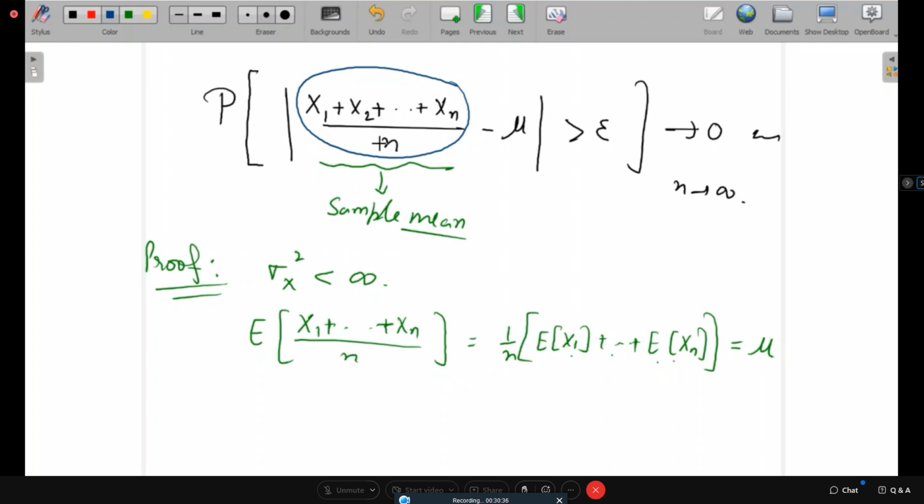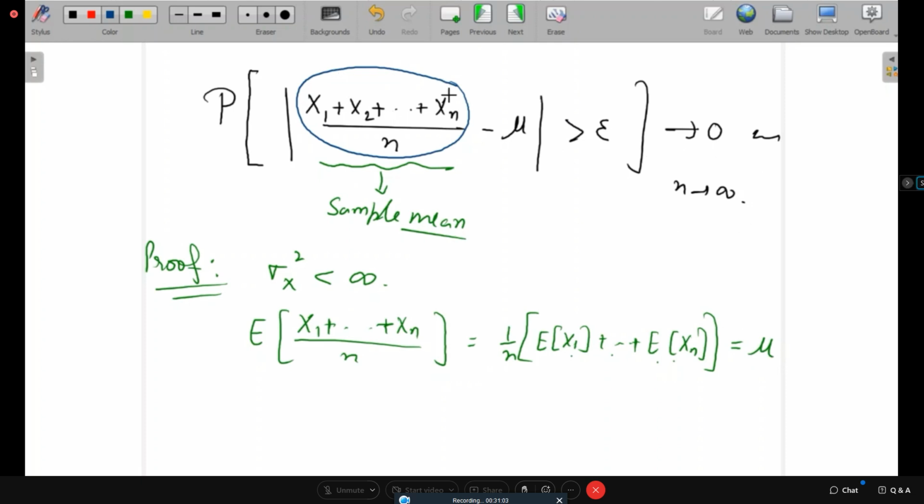So this is the original mean of each random variable, and this is nothing but the sample mean of the data. So the probability that the sample mean is going apart from the mean, which was the mean for X1 or X2 or anyone, because all are IID, by a distance greater than epsilon, is tending to 0 as n tends to infinity.